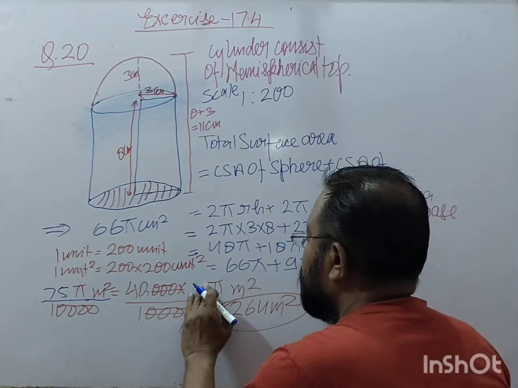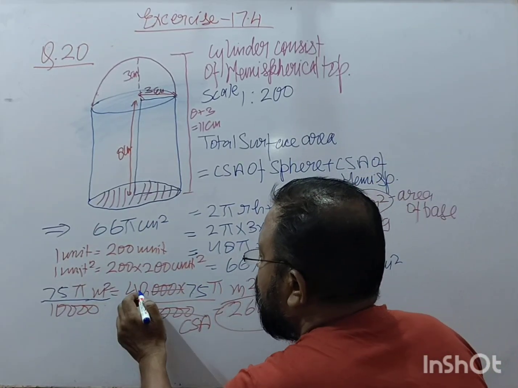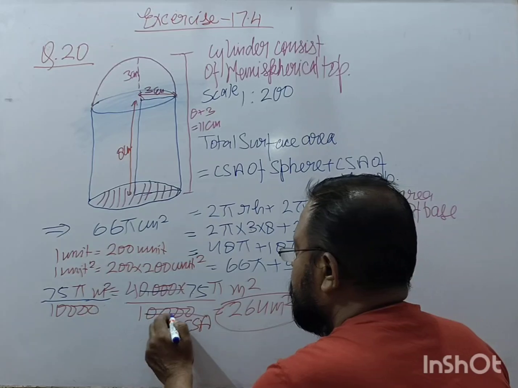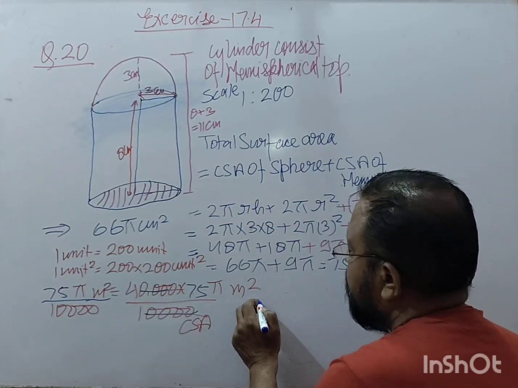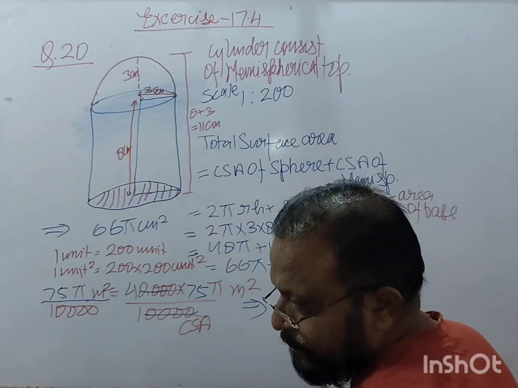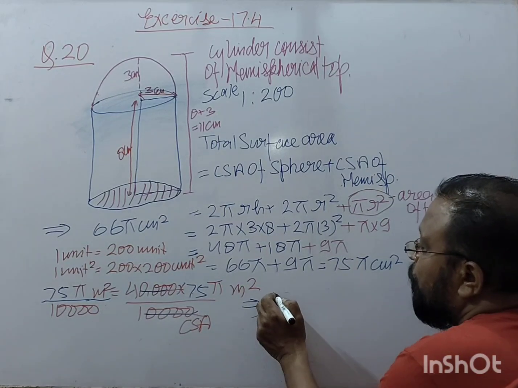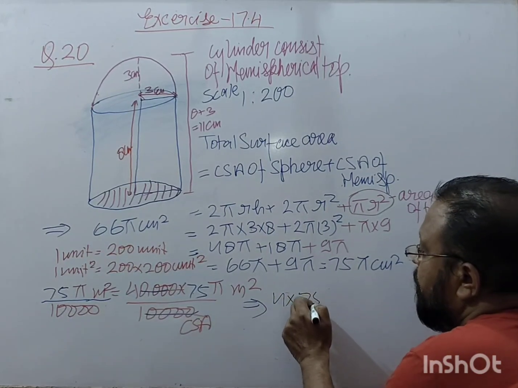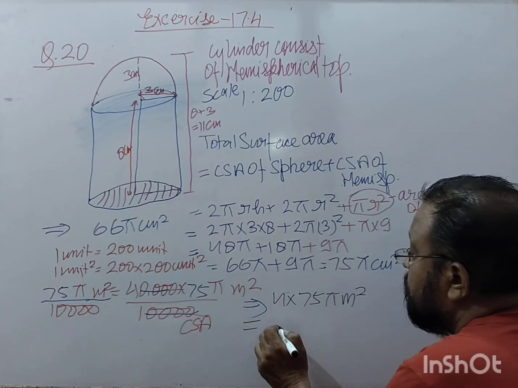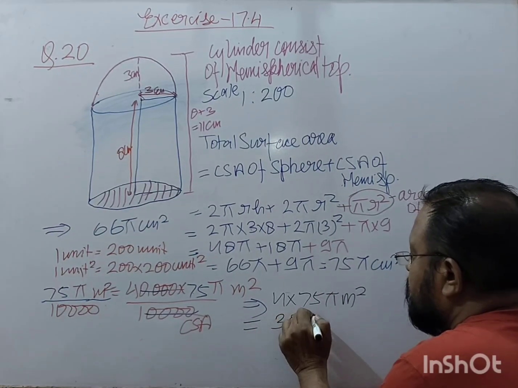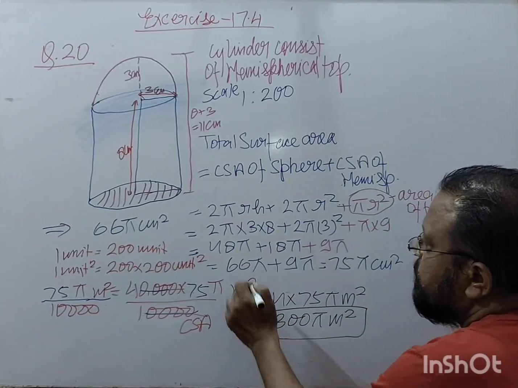So when you have 75 pi meter square, all 4 zeros are gone with this. When you multiply, finally you get 4 into 75 pi meter square, so 300 pi meter square is the total surface area.